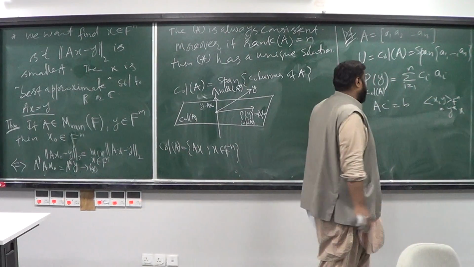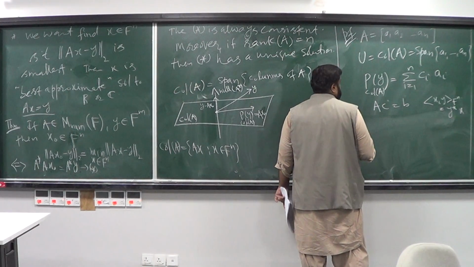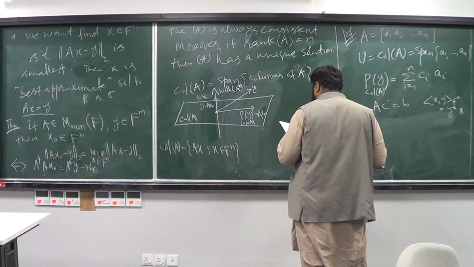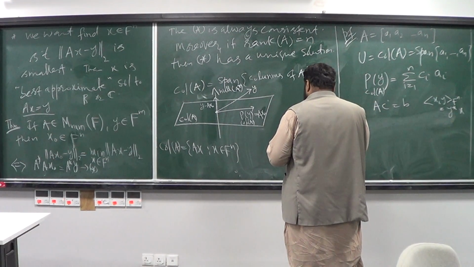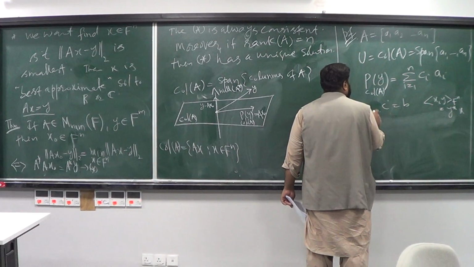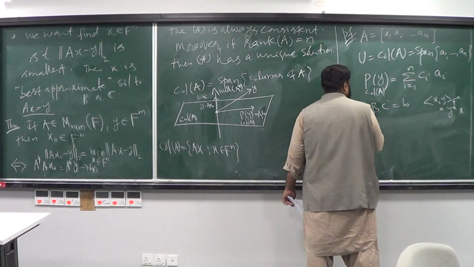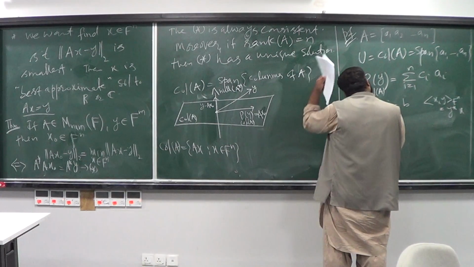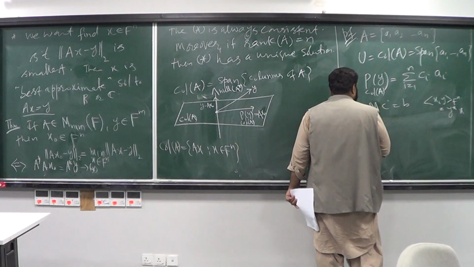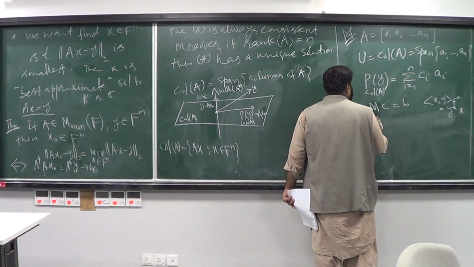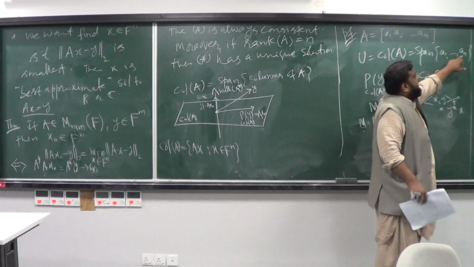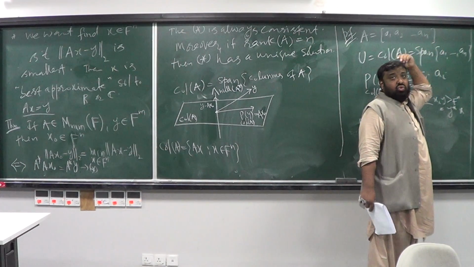So the matrix A, let's not call this A, let's call it matrix M, where M is the inner product of these vectors A1 up to An, which were U1, U2, Un in the previous case.